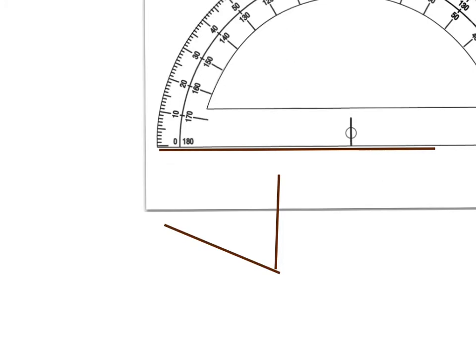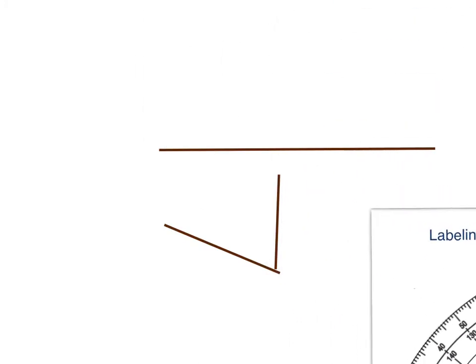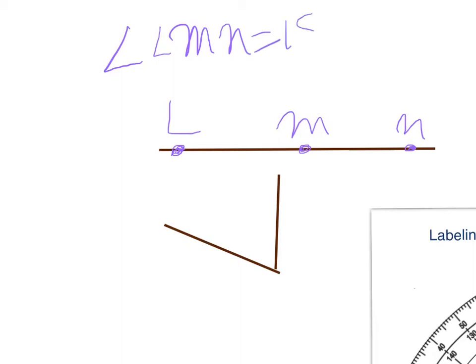So you notice that that's pretty much a straight line. This angle we will label with a dot on the angle. It's really hard to make a dot with your finger here. So this is going to be angle L, M, and N. So the measure of angle LMN equals 180 degrees.